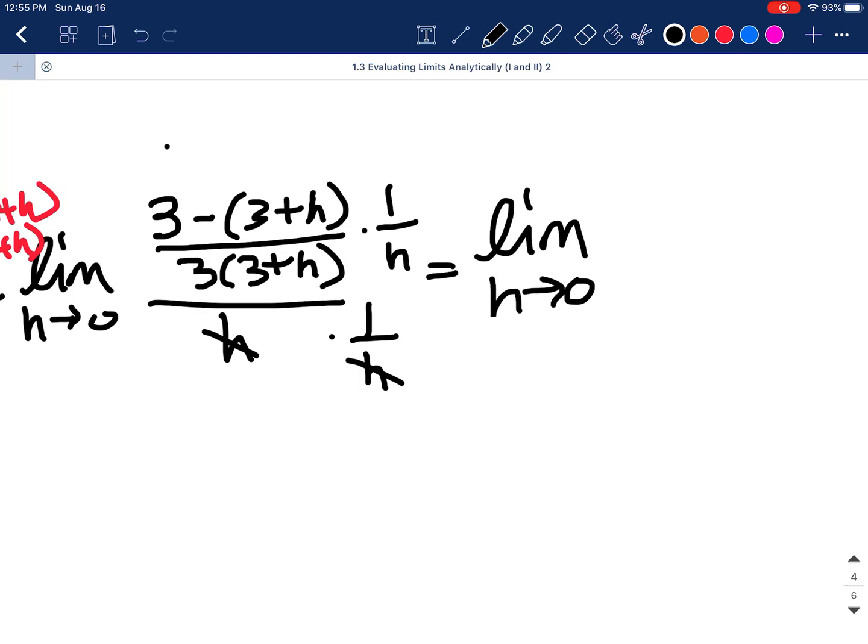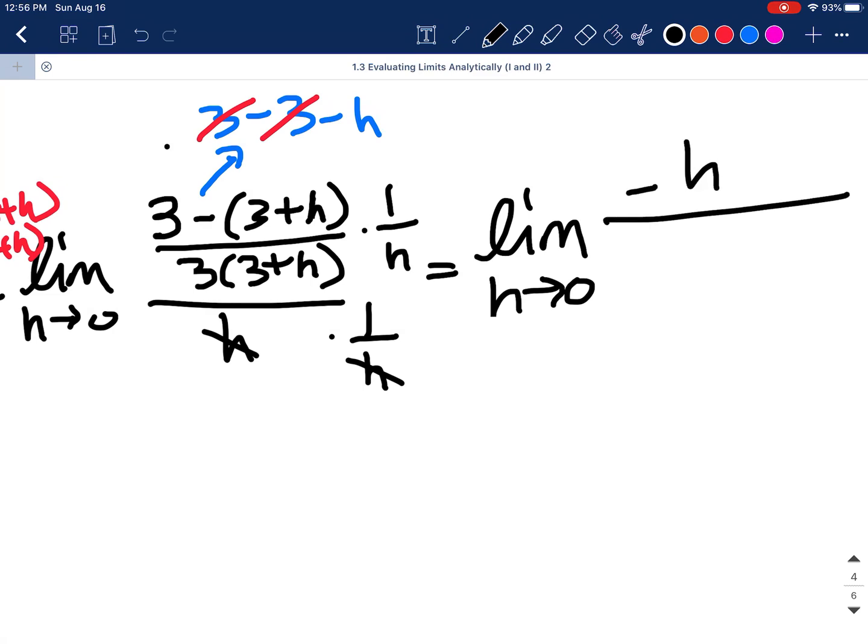Okay, so this is really going to be 3 minus 3 minus h. So the 3's are going to cancel. What we're really going to end up with is negative h over h times 3 plus h. And our h's are going to cancel as well.